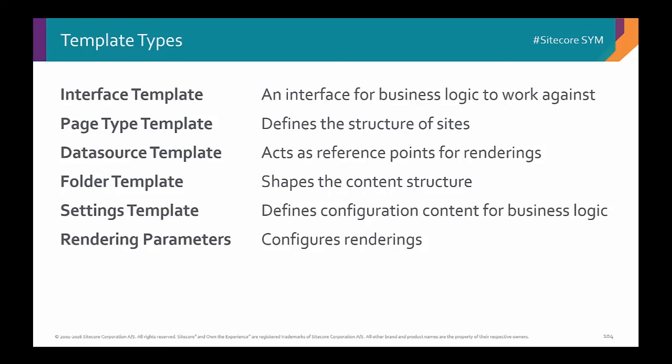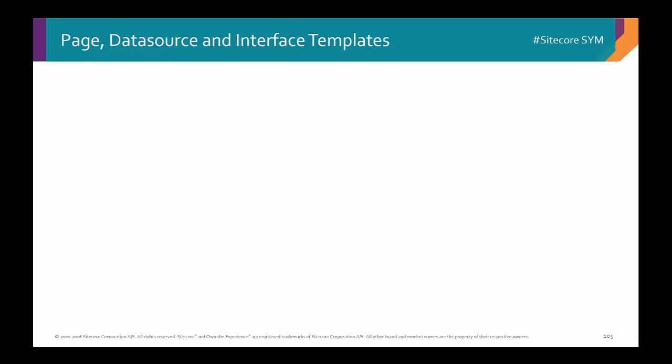So the 3 important ones, the ones you're most concerned with for business logic and structuring your website, are the page type template, the data source template, and the interface template. Page templates define the pages and the information architecture. Those are the ones that have the layout and create your structure on your website.